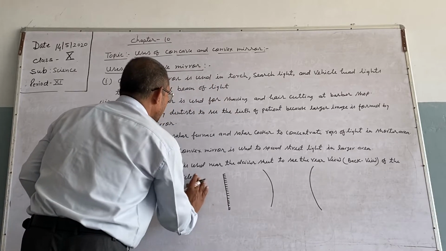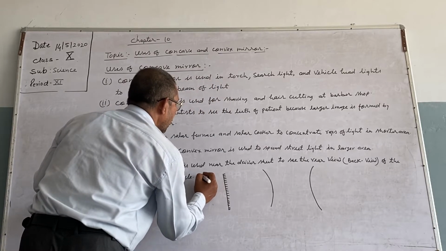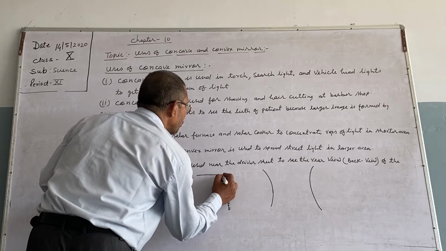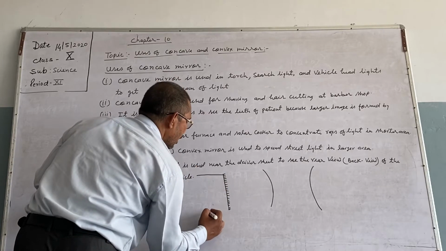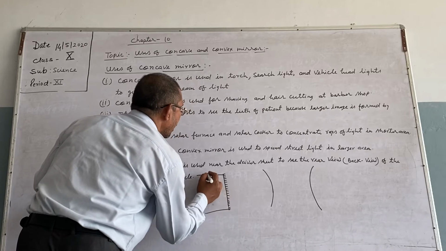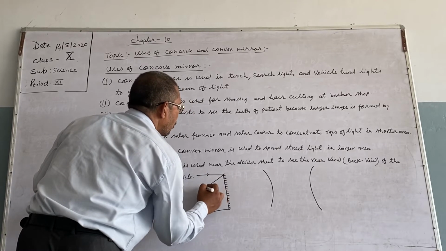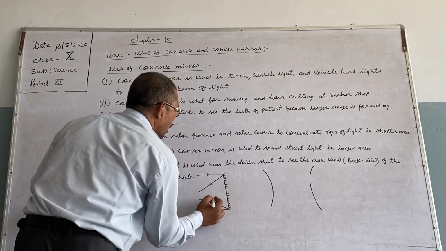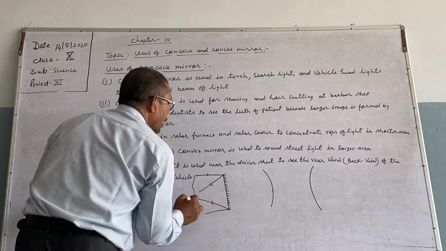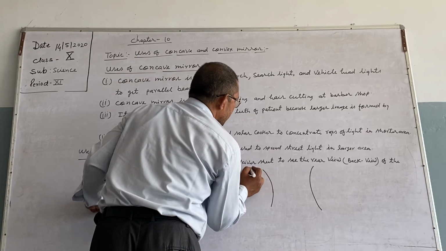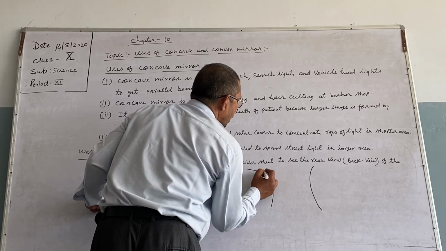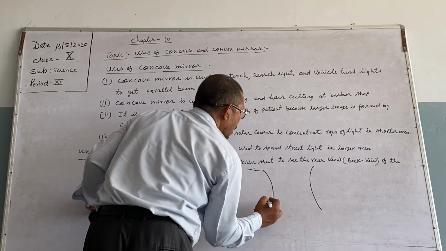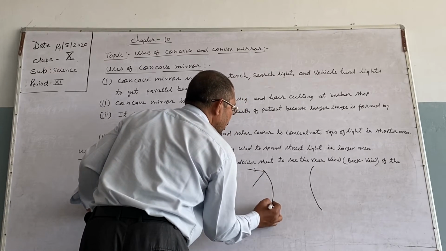Now suppose that it covers up to this point to produce the image. Here see, it covers these areas to produce the rear view.